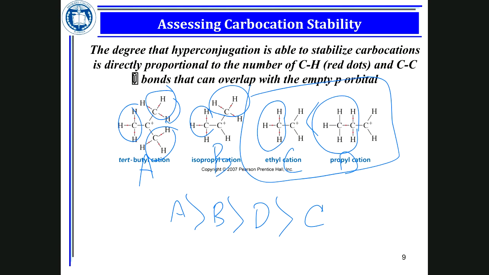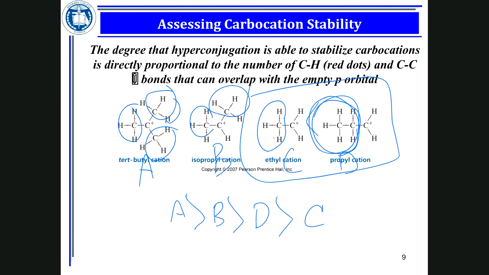With more carbon on the alkyl chain, it is going to be a better electron donor, with more stabilizing power. So ethyl attached to the carbocation is better than methyl attached to the carbocation. Yes, perfect. Very good.